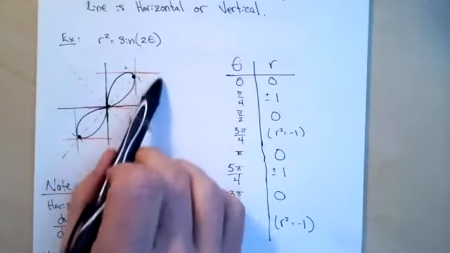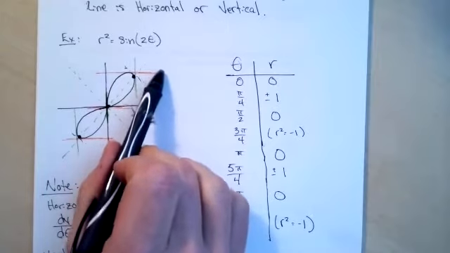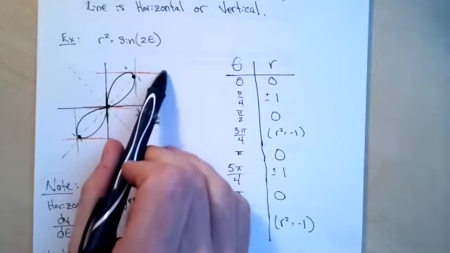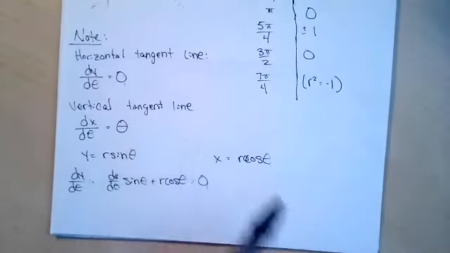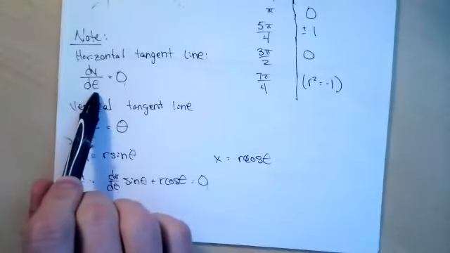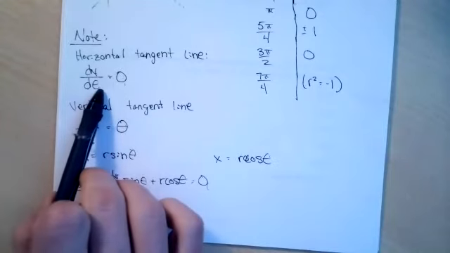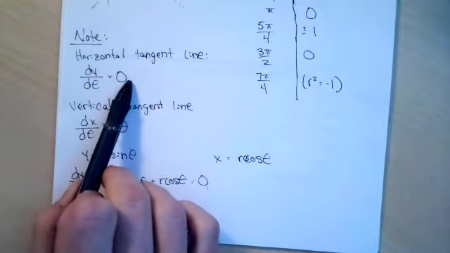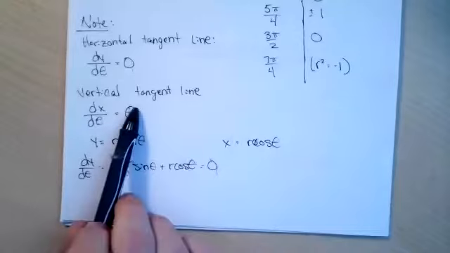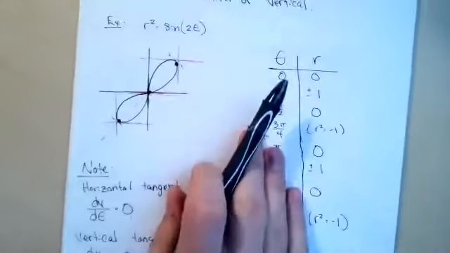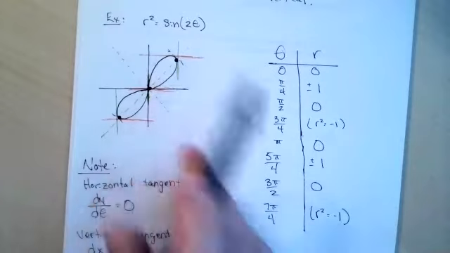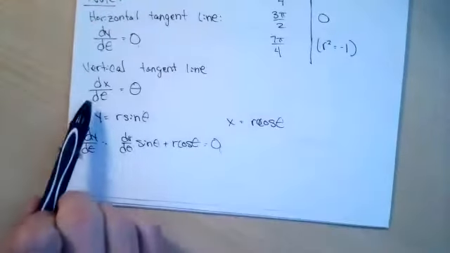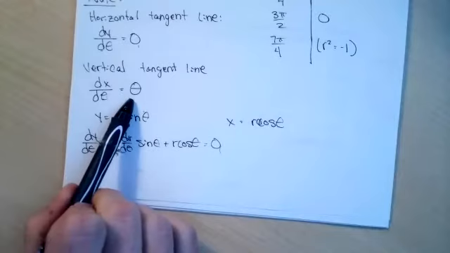It means we're not changing vertically, so dy is equal to 0. Since we're parametrizing everything with respect to theta, our horizontal tangent lines are going to be where dy d theta is 0. Likewise, for our vertical tangent lines, the x value isn't changing, going straight up and down, so that's where dx d theta is equal to 0.